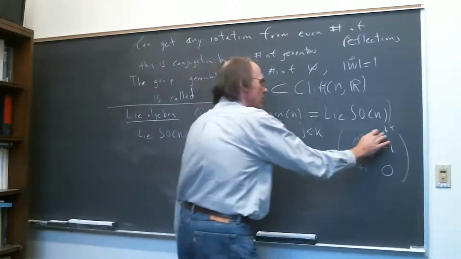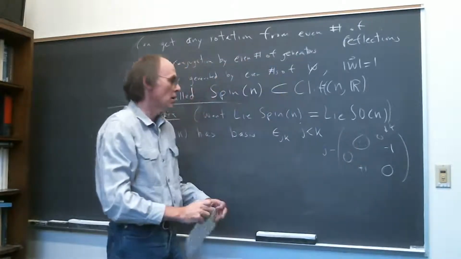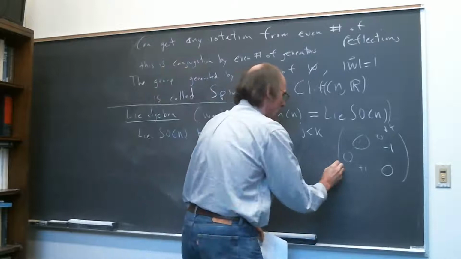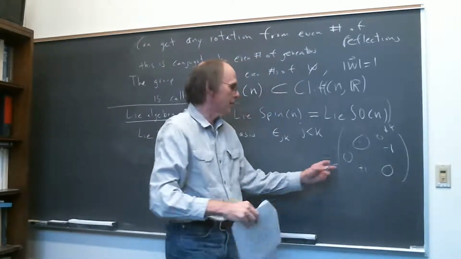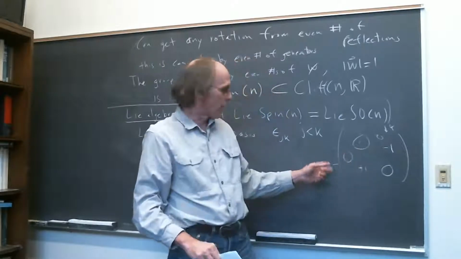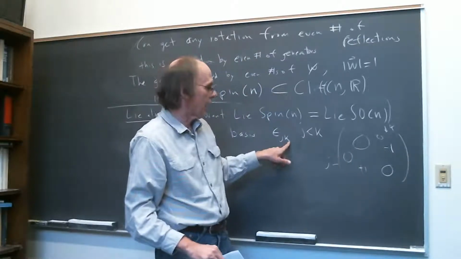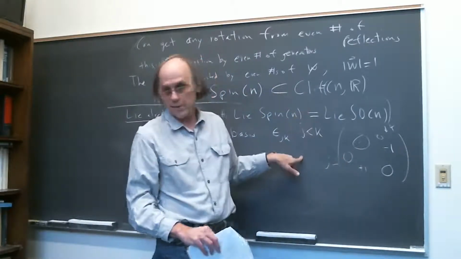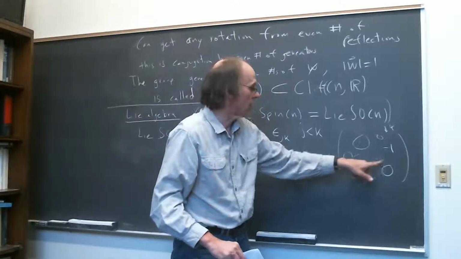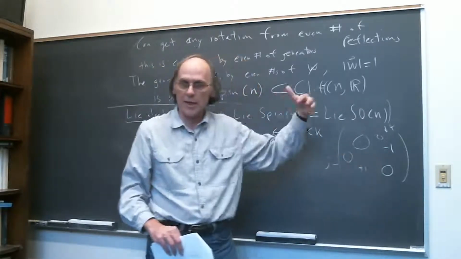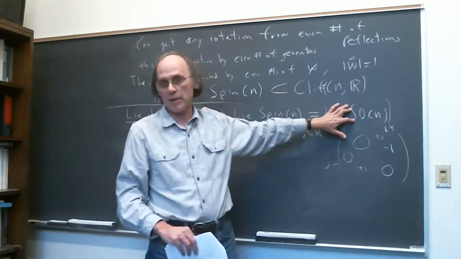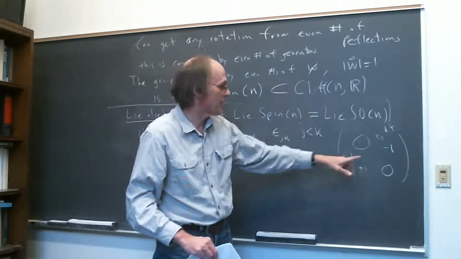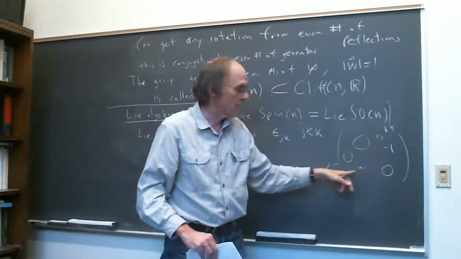The only entries that are here are jk and kj, where j is less than k. Those are the only non-zero entries, and so these are just the elementary antisymmetric matrices. We know these are all antisymmetric matrices, and you can write any antisymmetric matrix as a linear combination of these.